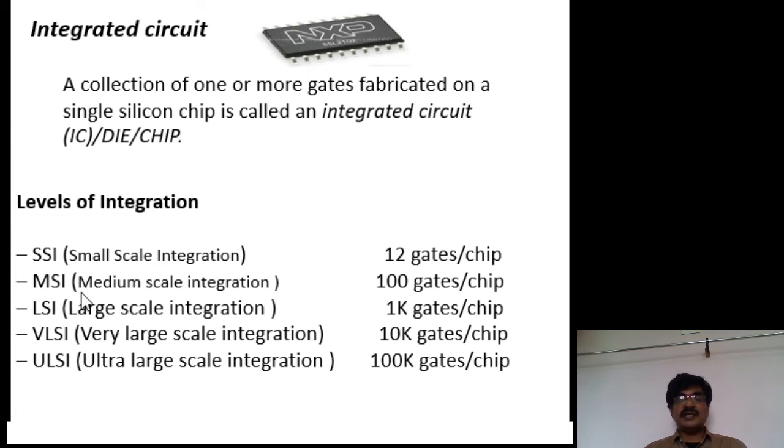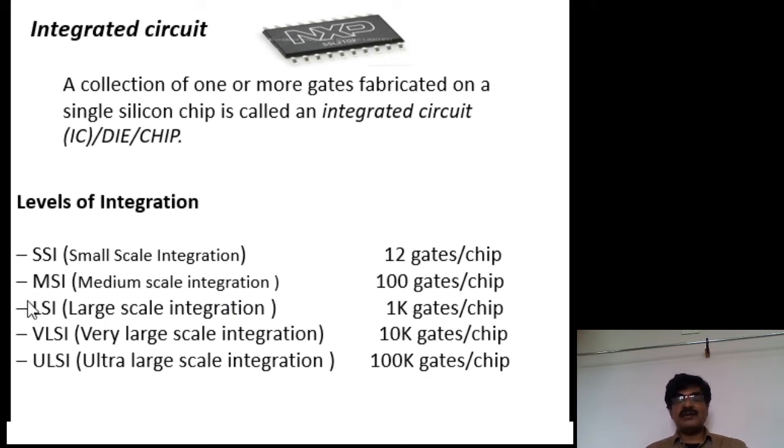Coming to medium scale integration, here around 12 gates are available in a chip. Under this category you can take examples like basic combinational units: multiplexers, decoders, encoders, half adder, full adder. Those ICs come under this level, that is MSI.